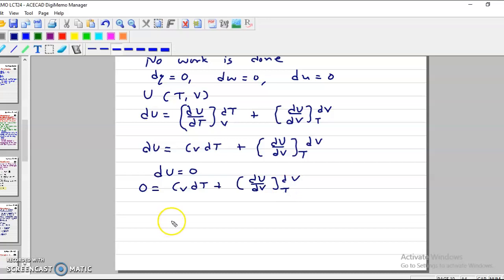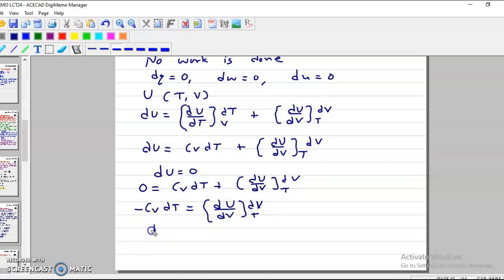Okay. Now we change the side, so minus Cv dT is equal to dU upon dV at constant temperature into dV. Now change the side of dV over here.